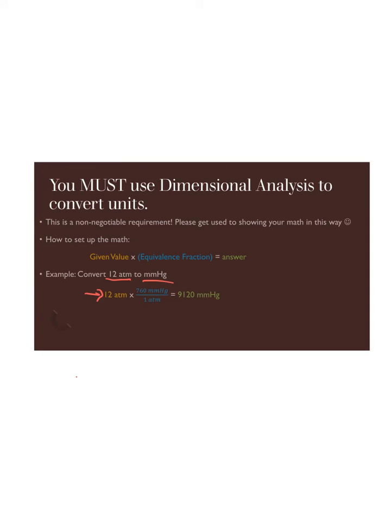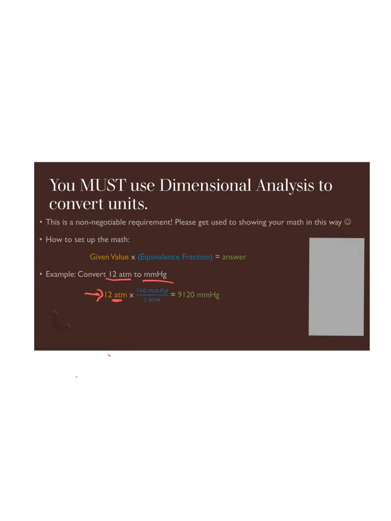Now, we put atmospheres on the bottom because atmospheres are over here on the top. And in math, you know that like 4 times 5 divided by 4 is just going to be 5. Why? Because when you have something on the top and the bottom, they cancel out. So you strategically set up this problem so your units cancel out. When you divide atmospheres by atmospheres, they disappear and you're left with just millimeters of mercury.